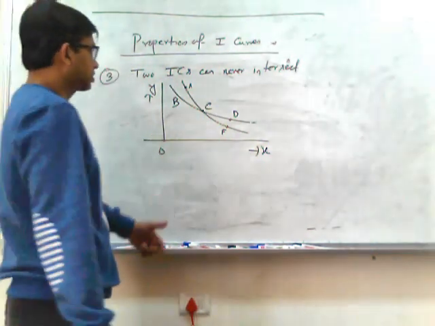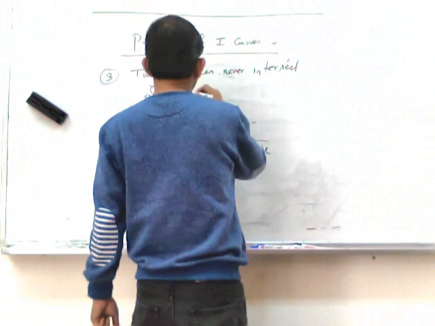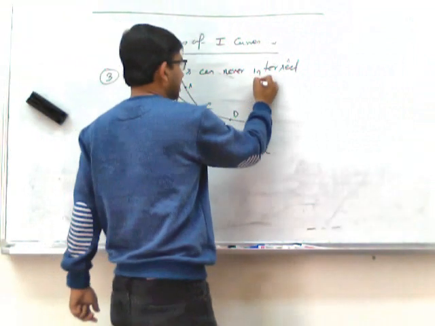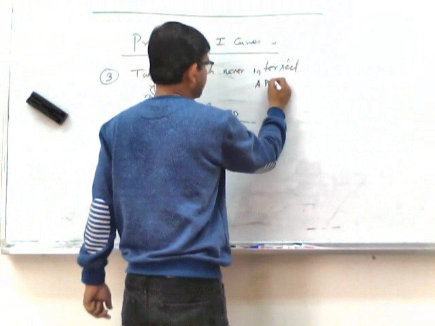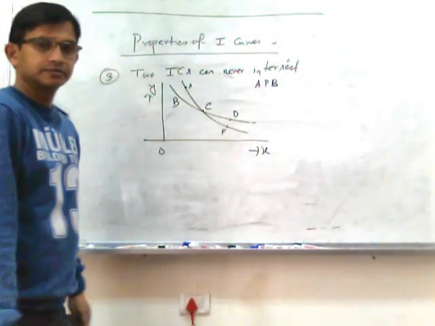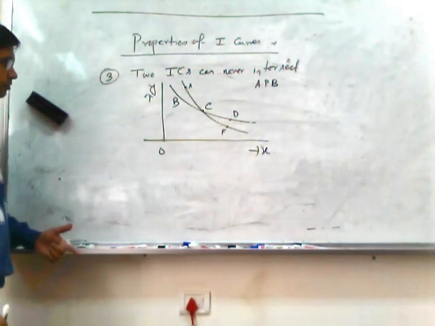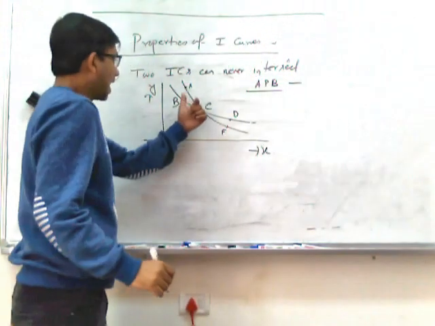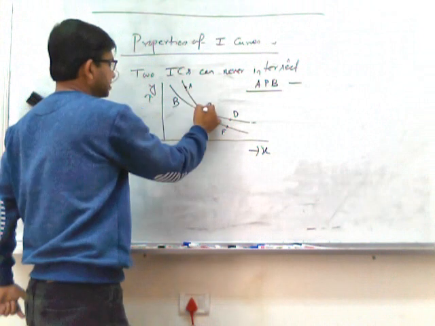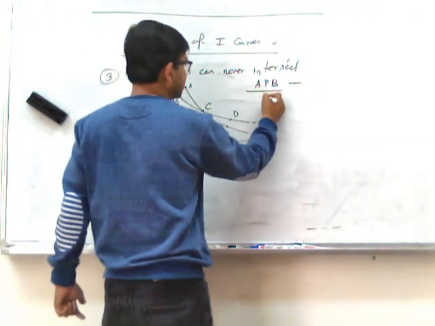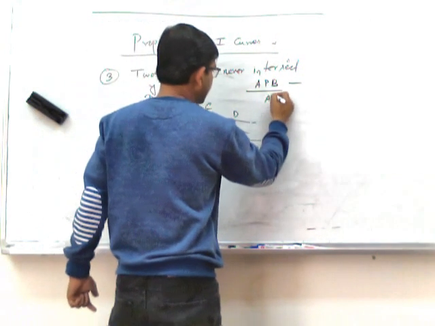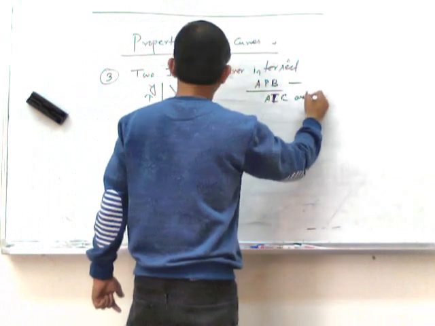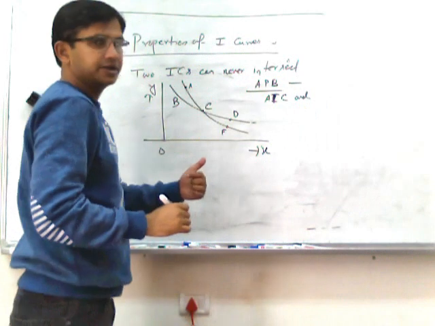So if we compare between A and B, A is on the higher indifference curve, so we can write here A is preferred to B. This is one statement. Another is that A and C are on the same indifference curve. So A is indifferent to C, and C and B are on the same indifference curve.